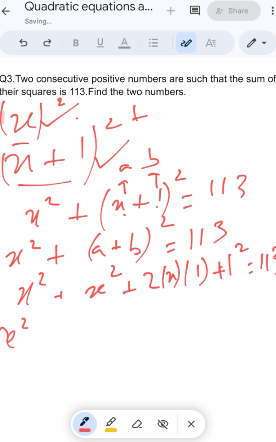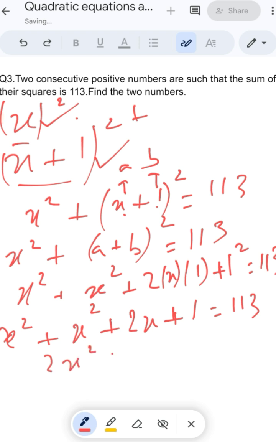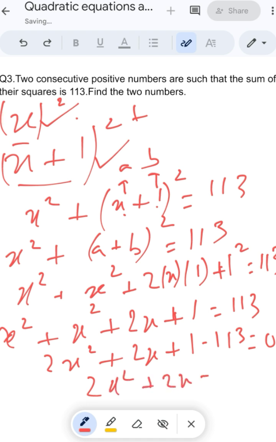Now x square plus x square plus 2x plus 1 square means 1, right, is equal to 113. Okay, now x square plus x square is 2x square, plus 2x plus 1. Now 113, when it goes to the other side, becomes a minus, is equal to 0. So I am having the equation 2x square plus 2x minus 112 is equal to 0.